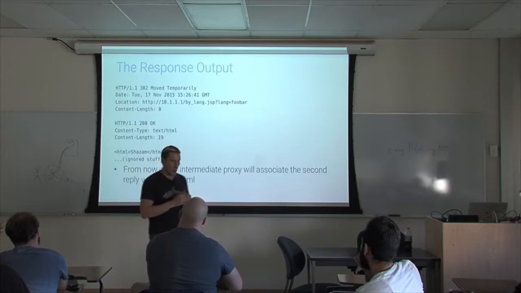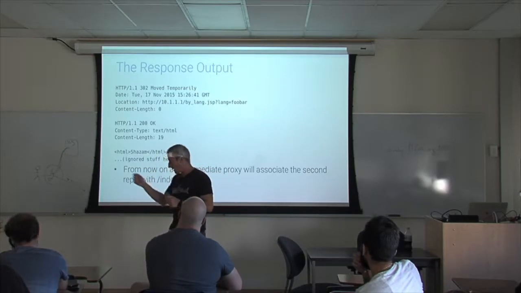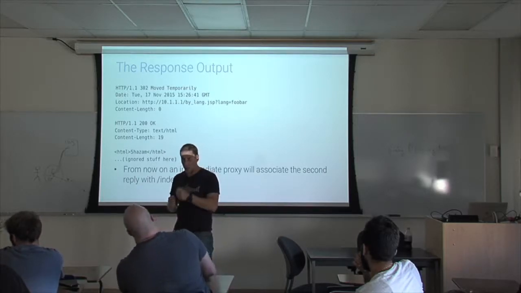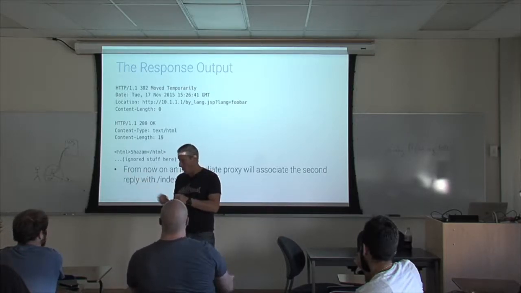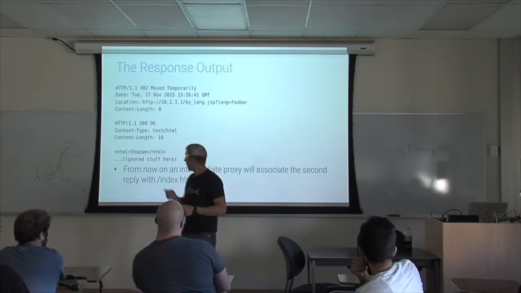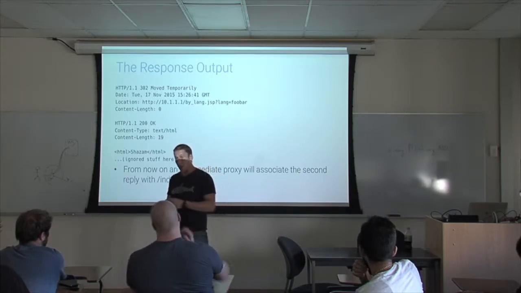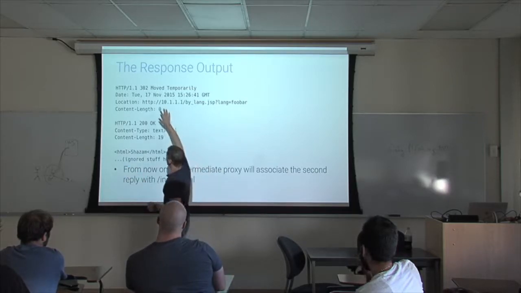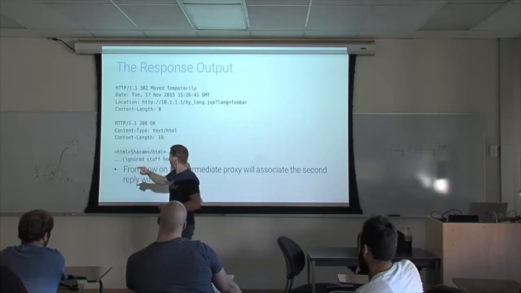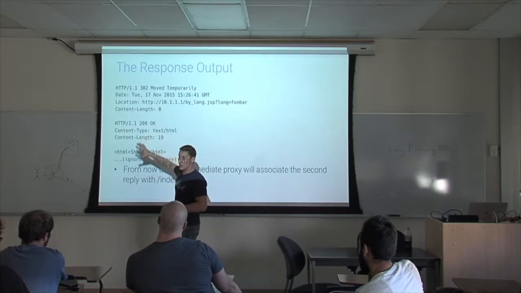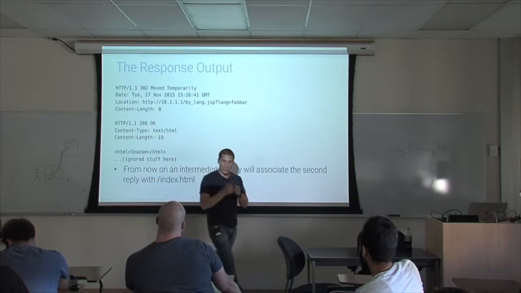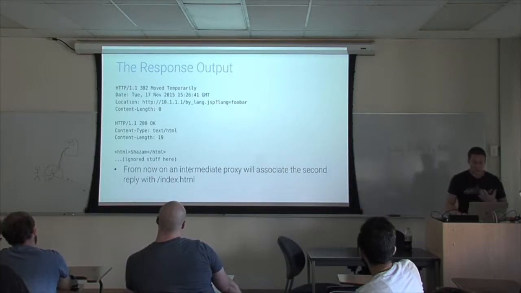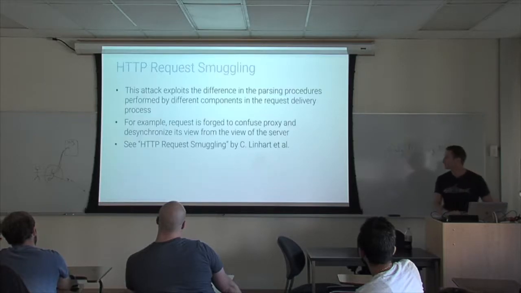Because usually, if I'm a proxy, I see request 1, I pass request 1, I get response, I pass over the response, I will associate that request with the response that I received. But now, in this case, I get request 1, the second request will be associated with this, and the following request will be associated with this. And so, in a way, you cause the wrong association of request and reply, and by doing this, you're able to poison the cache of the proxy.